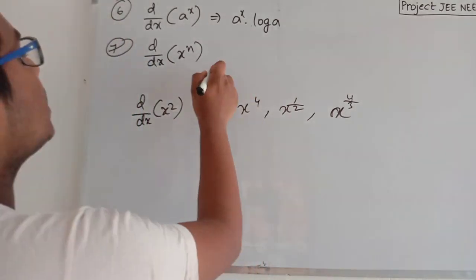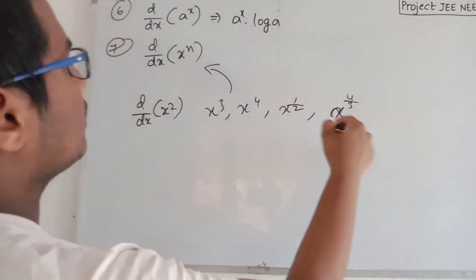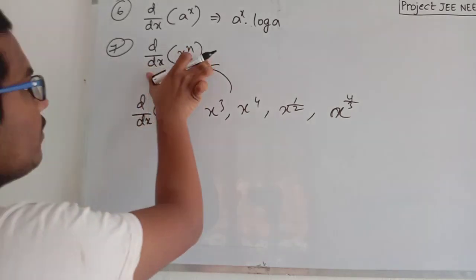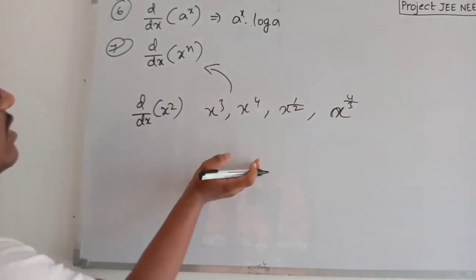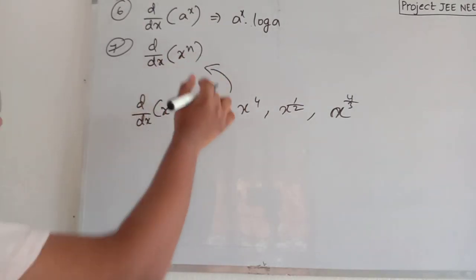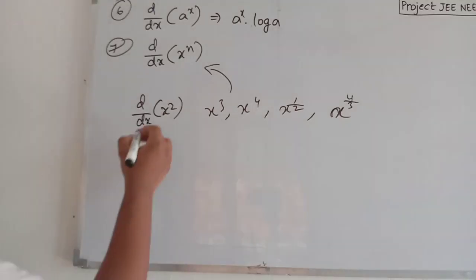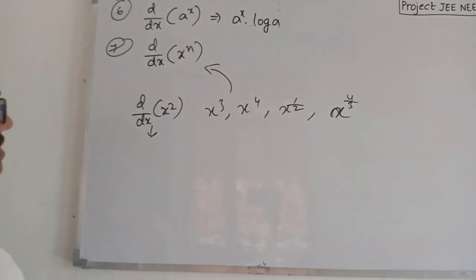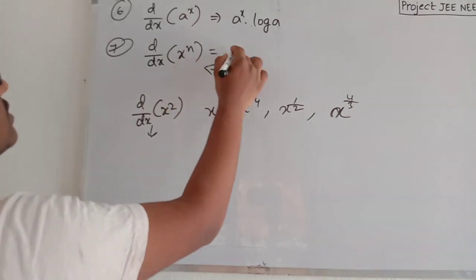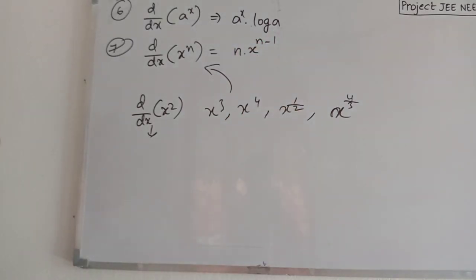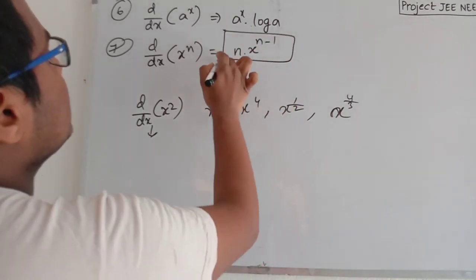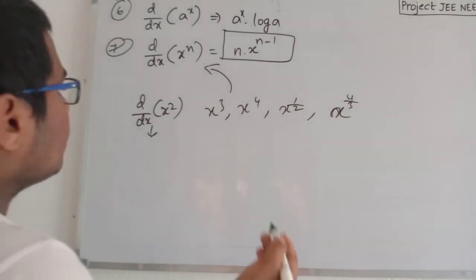All these come under this category, and all of them have to be changed in order to get into this type. Okay, let's take an example. So x square, d by dx of x square. The formula is n into x power n minus 1.